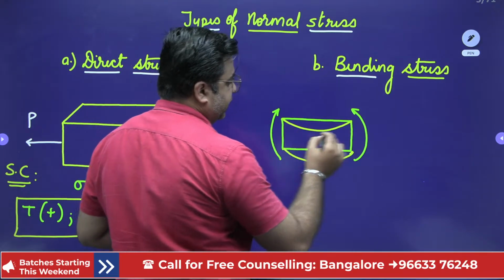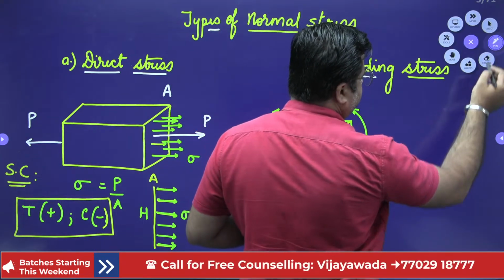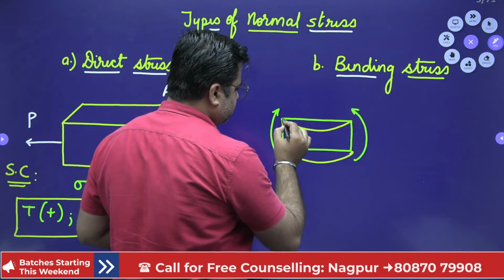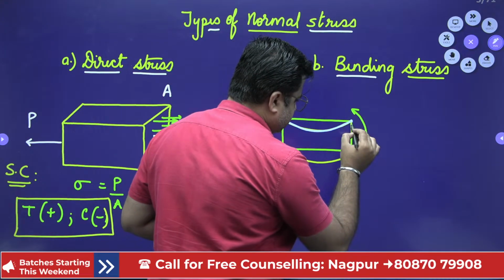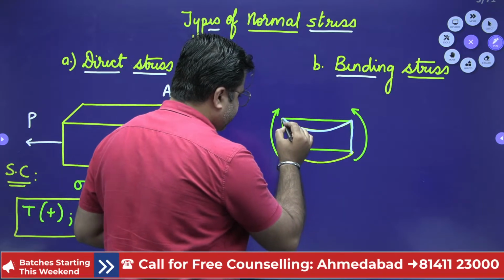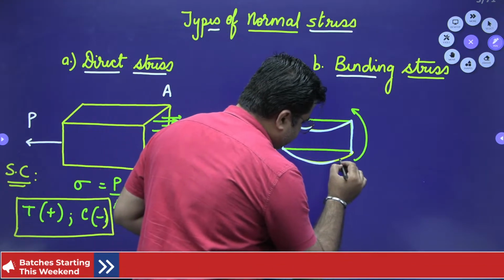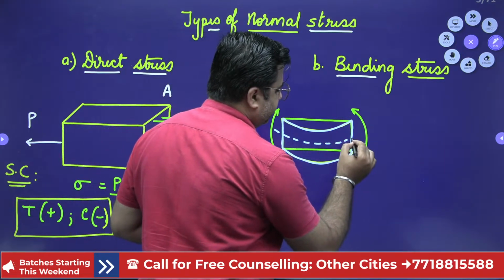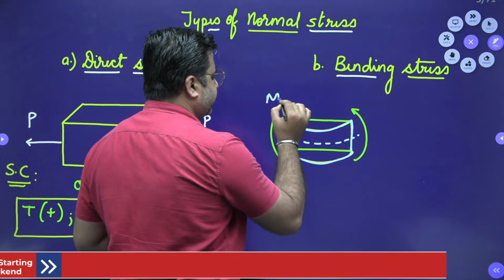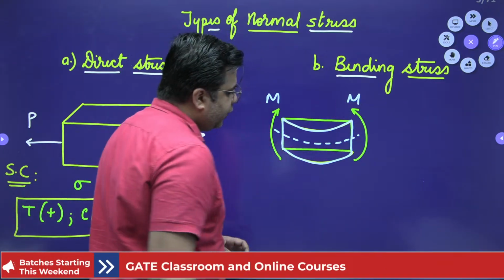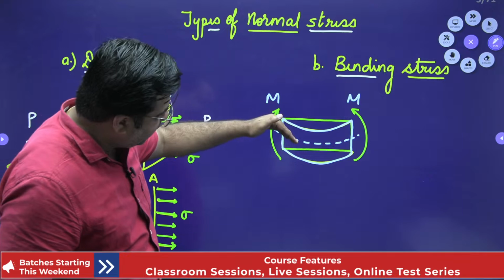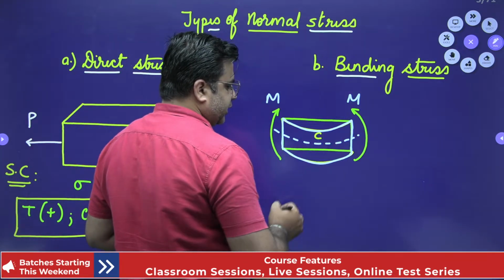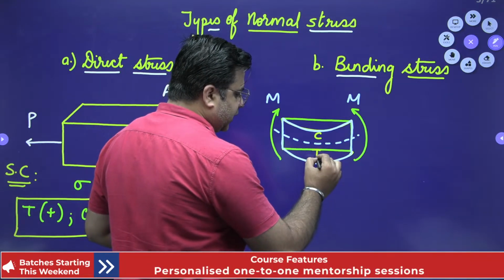I think I should take some other color. This beam will undergo bending like this due to the moment. This is the bending of the beam that will happen due to this moment M, right? Now, if you observe these fibers, the top fibers are in compression and the bottom fibers are in tension.